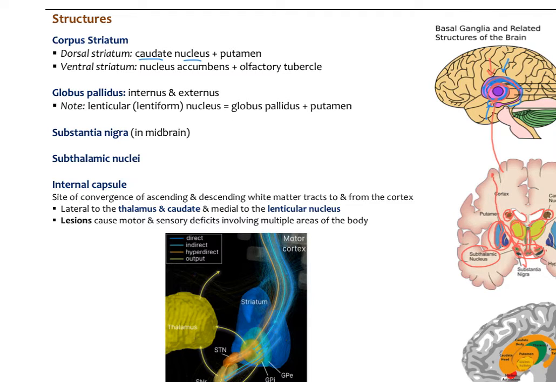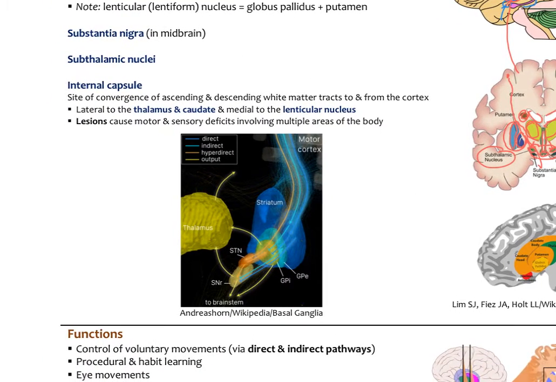specifically voluntary movements. This diagram might help a little bit, but this shows some of the connections within the basal ganglia. So there are different pathways, for example, coming down from the motor cortex, and they synapse onto the striatum. And then here is the globus pallidus externa and interna. And then here is the subthalamic nucleus.